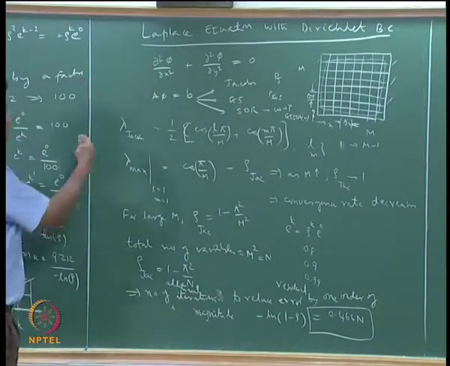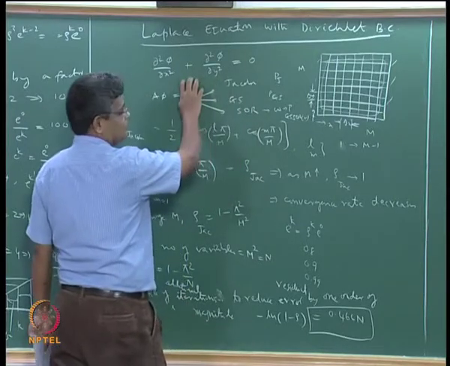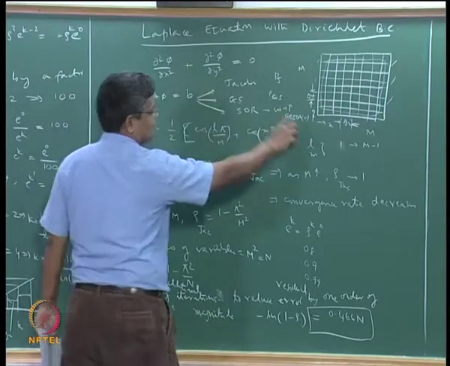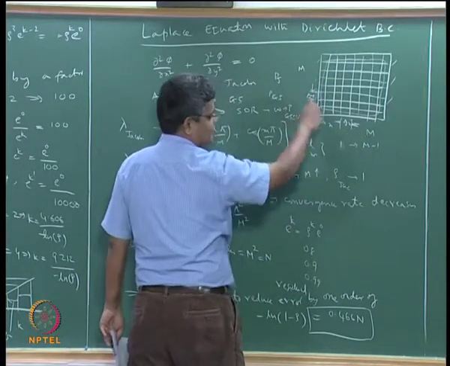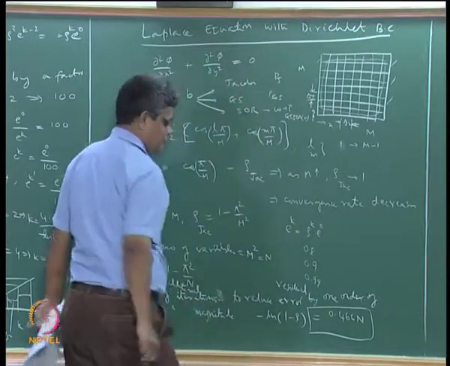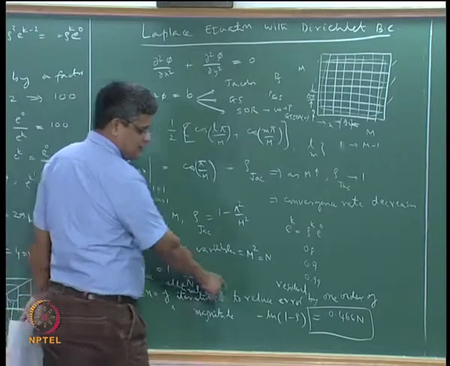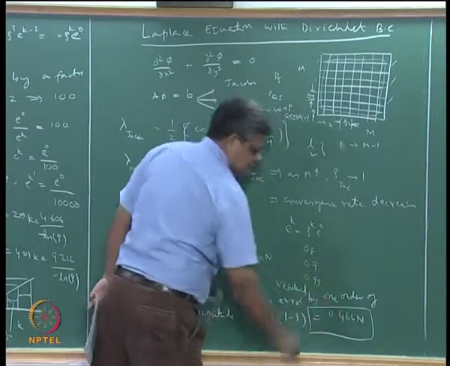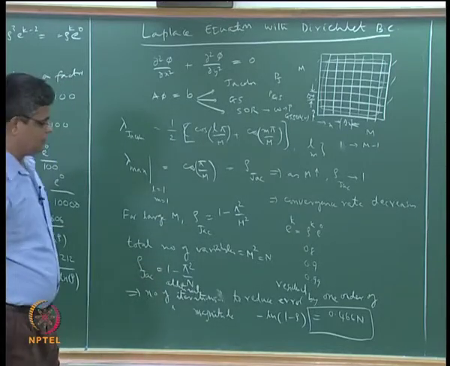Okay, so for the Jacobi method, for the case of the Laplace equation, with equal division in both x and y and the number of divisions being m with Dirichlet boundary conditions, the number of iterations to reduce the residual by one order of magnitude is 0.466 n, where n is now the total number of variables.